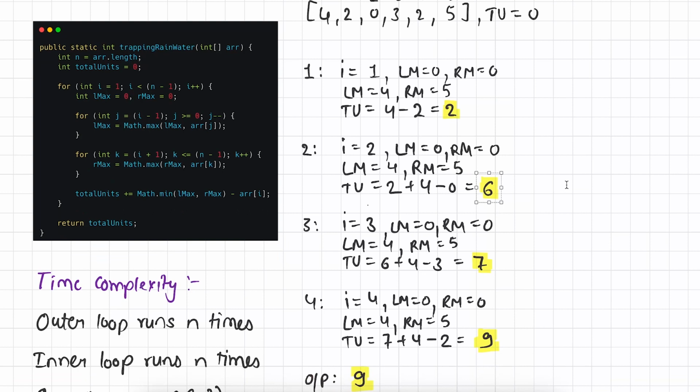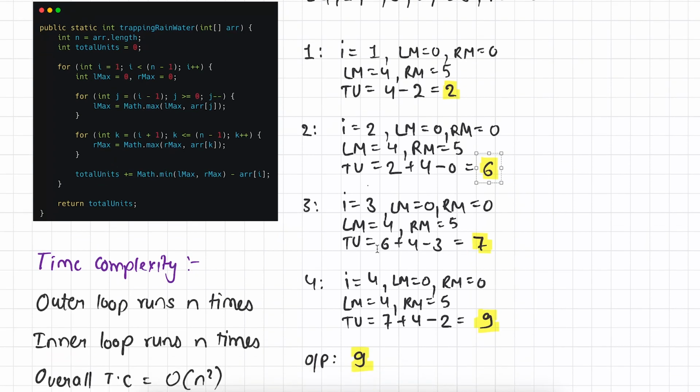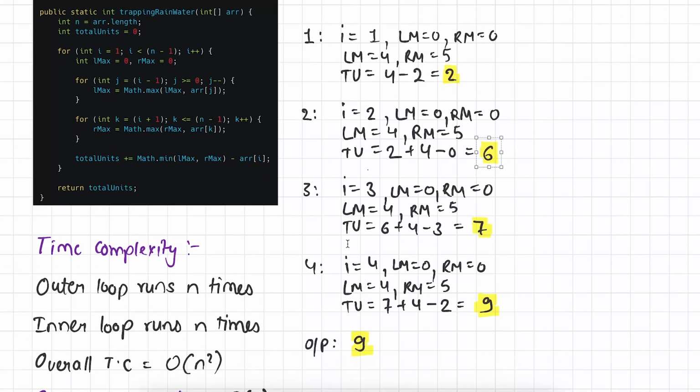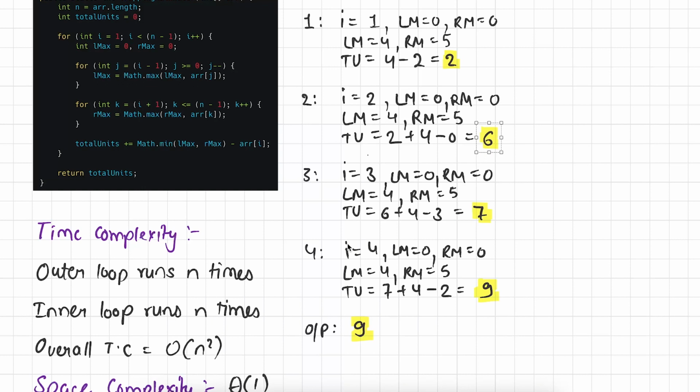Moving to the next iteration, the value of i becomes 3, LM is 0, RM is 0, and we compute LM equal to 4 and RM equal to 5, and the total units comes out to be the previous total units plus 4 minus 3, that is equal to 7. In the next iteration the value of i becomes 4, LM is 0, RM is 0, then we compute LM as 4 and RM as 5, and the total units comes out to be the previous total units plus 4, the minimum of LM and RM, minus the height of the bar.